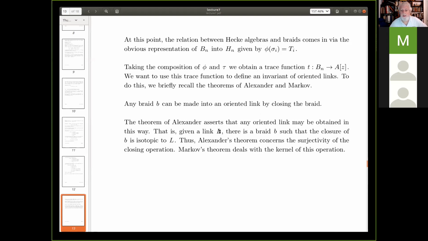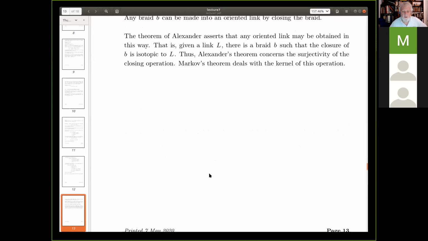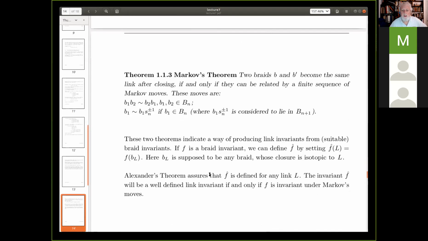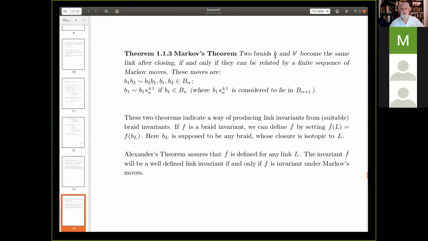That is, given a link L, there's a braid B such that the closure of B is isotopic to L. As I mentioned, this is something like surjectivity of the closing operation. Markov's theorem deals with the kernel of this operation. Two braids B and B' become the same link after closing if and only if they can be related by a finite sequence of Markov moves.